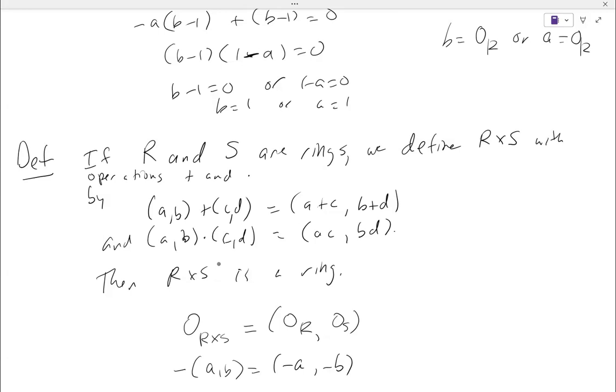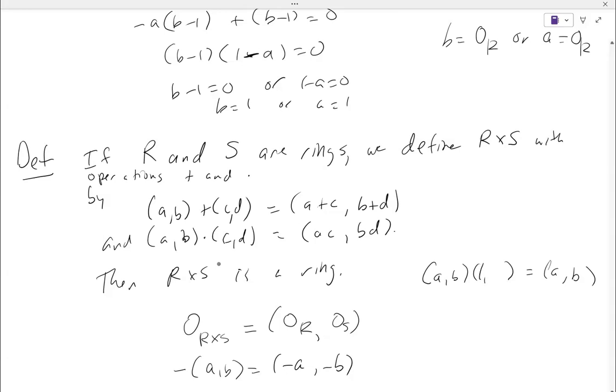What about the multiplicative identity? What would be required to start with? What would be required in order for R cross S to have a multiplicative identity? What better happen in terms of the component rings? If you want AB times something to give you AB back again, they both better have a multiplicative identity, right?